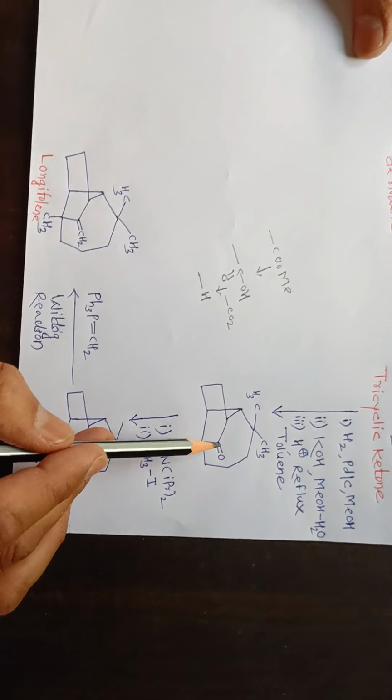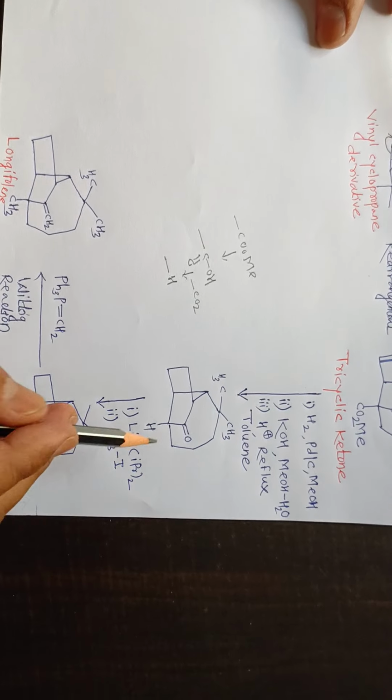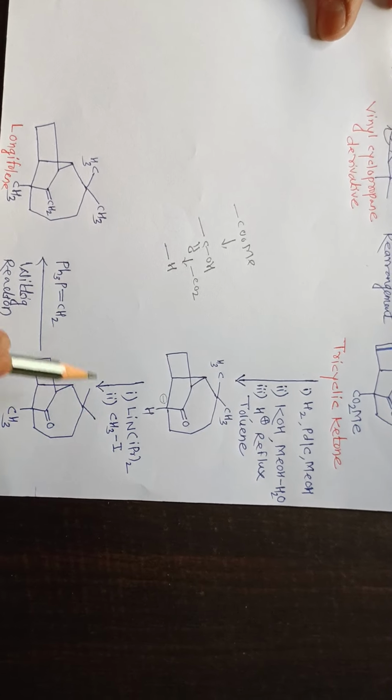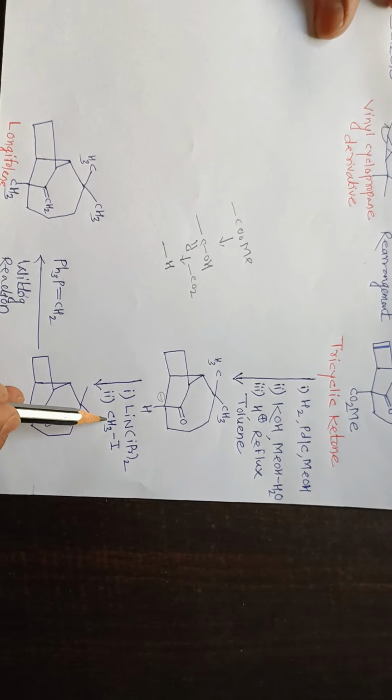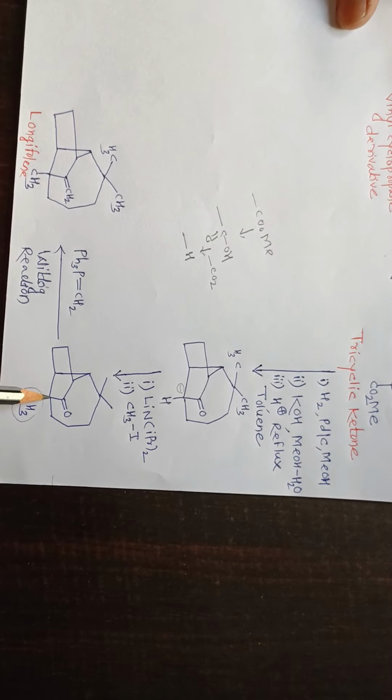Then that ketone was allowed to react with lithium diisopropylamide. There is formation of carbanion at this position. Then that carbanion will react with methyl iodide and there is formation of this type of methyl group at this position.